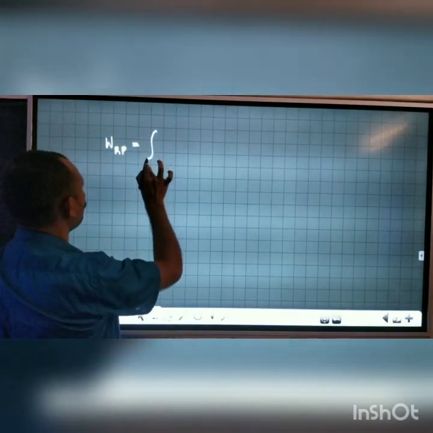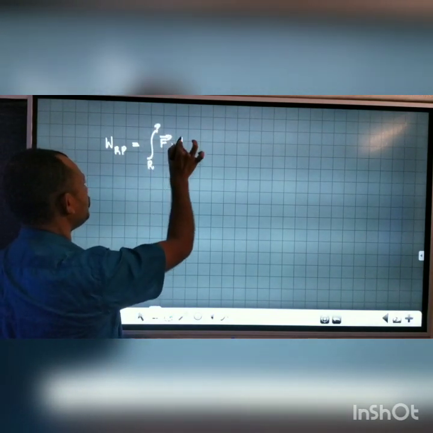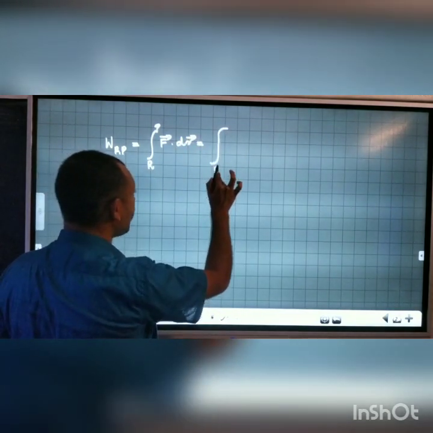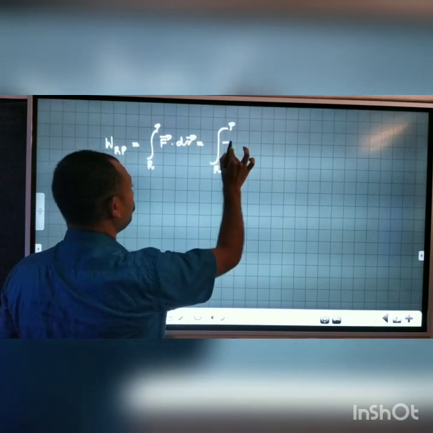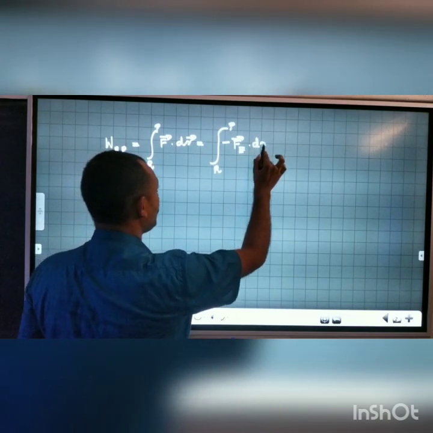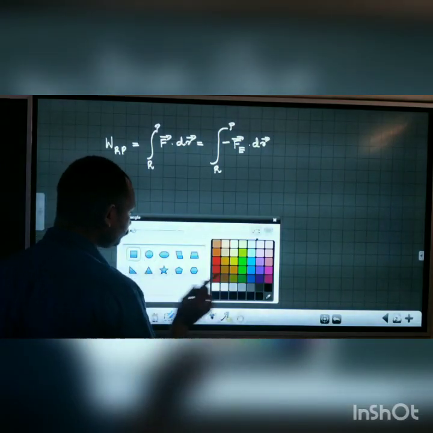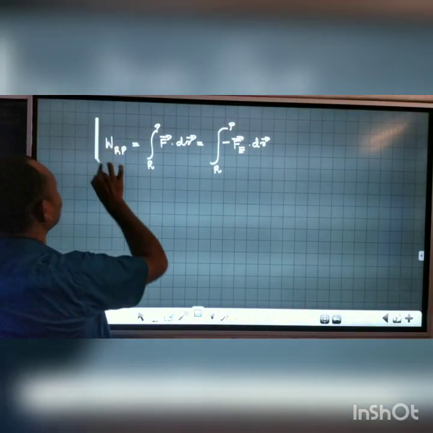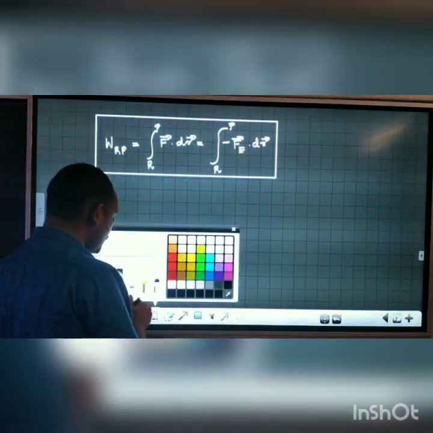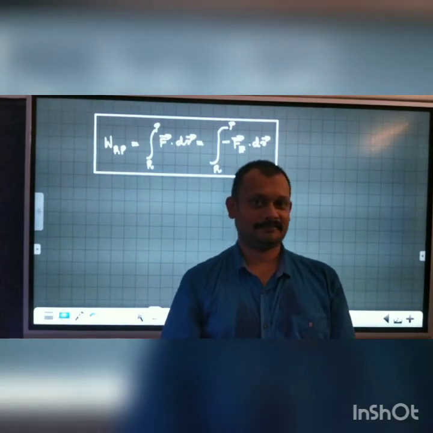So we got the answer as integral R to P F dot dr. That is also equal to integral R to P minus F_e dot dr. This is the work done to take a charge from R to P. So please make a note of this formula. This is an important equation, and further classes will be based on this equation only.